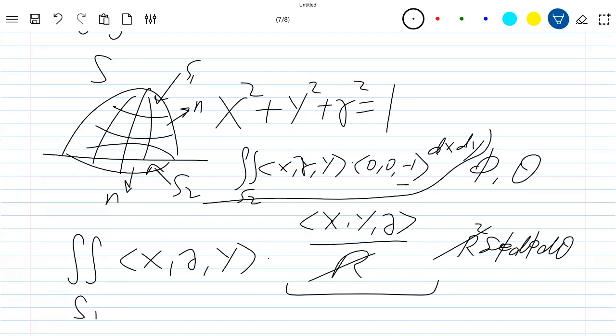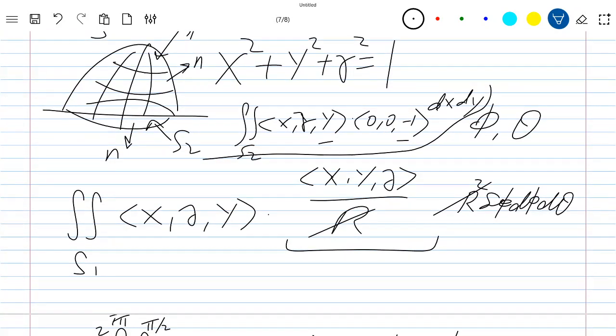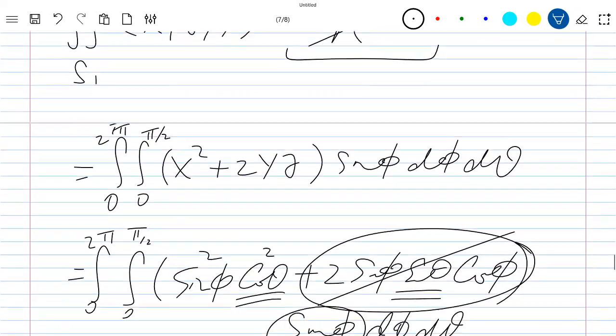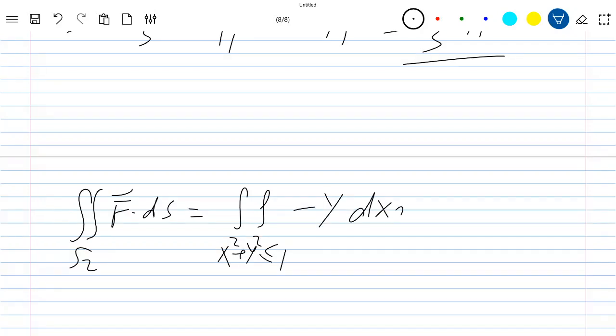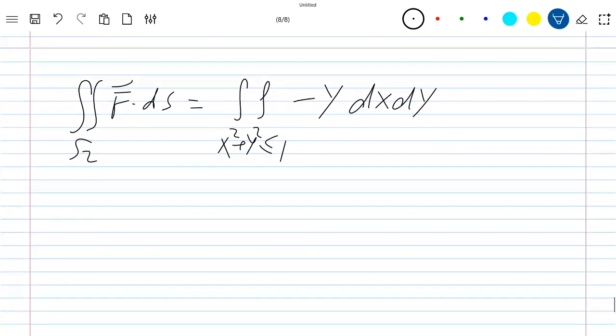Then you see this time that is negative y, so it's integration over the unit circle with negative y. And what is that? That's just x squared plus y squared less than or equal to 1. Then you have negative y times dx dy. Okay, this is a circle, so let's just use polar.